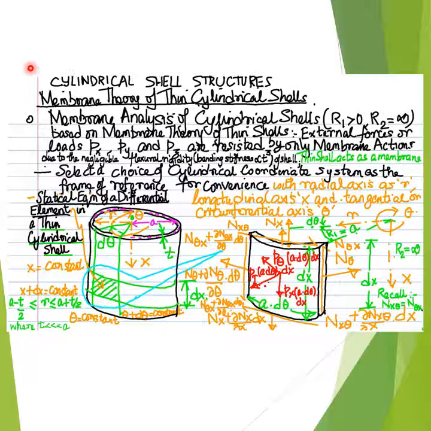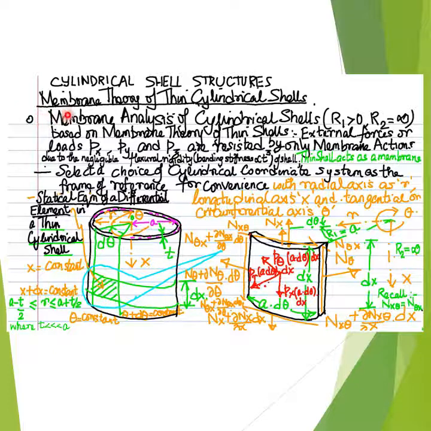Thus resulting in a total of 6 statical equilibrium equations which can be applied to solve for the unknown internal actions in the general differential shell element.